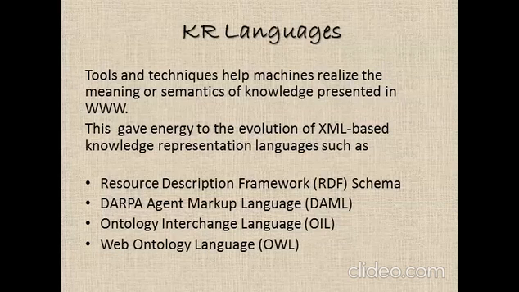Earlier languages were not enough because they retrieved only the data. So we have additional languages like Resource Description Framework or RDF schema, then DARPA Agent Markup Language, DAML, Ontology Inference Layer OIL, and Web Ontology Language OWL.